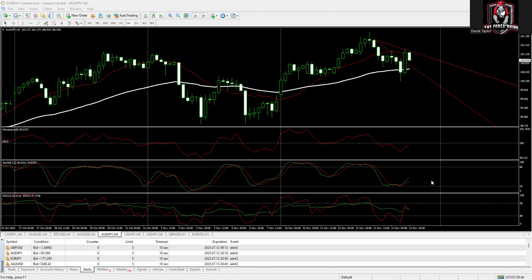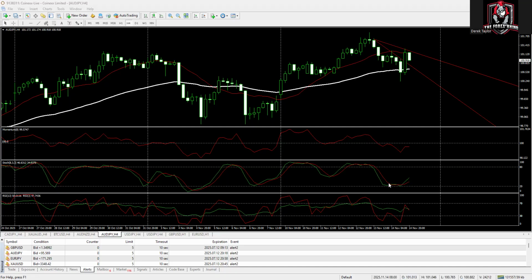So the stochastic indicator is a technical analysis tool that compares the current price of an asset to its price range over a set period of time. It is used to predict trend reversals.